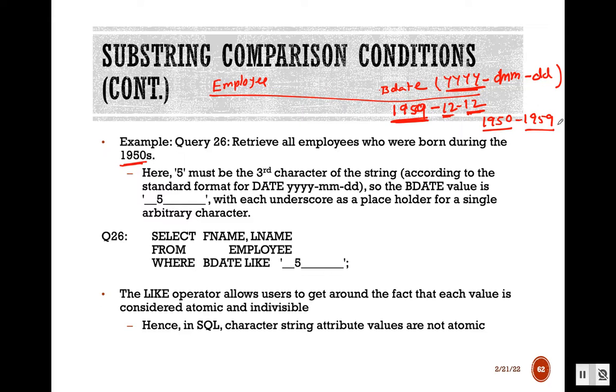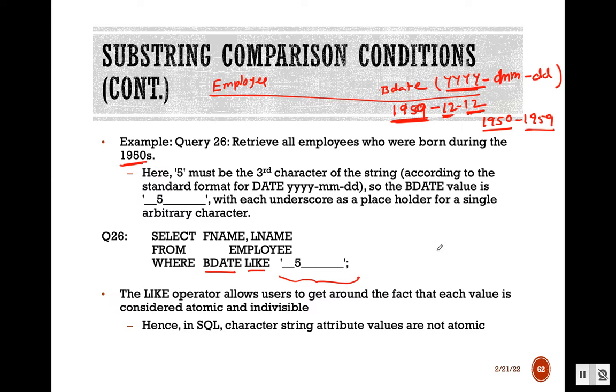So what we are going to do, the condition is going to look like this: we're going to use the attribute bdate like, and then we're going to give a pattern. Now we're going to use an underscore symbol.